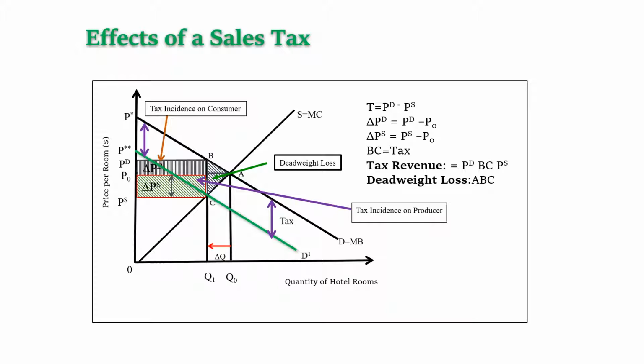And what the consumer pays for the good as a result of the tax is PD. Now the difference between PD and the equilibrium price is the change in demand price. And the difference between PS and P naught is the change in supply price. Now the sum of those two, the change in supply price and the change in demand price, is the revenue to the government as a result of the tax.